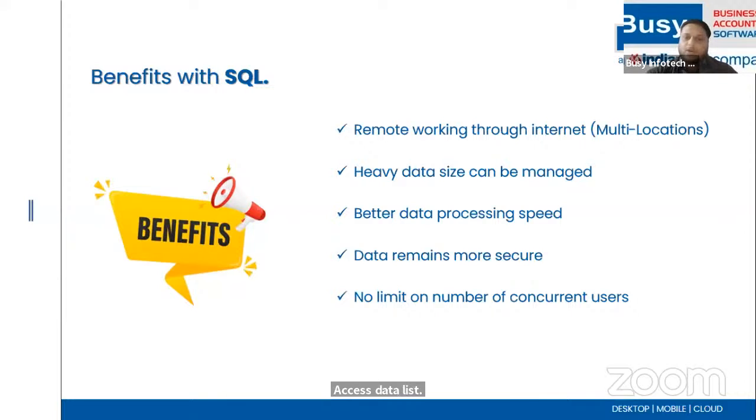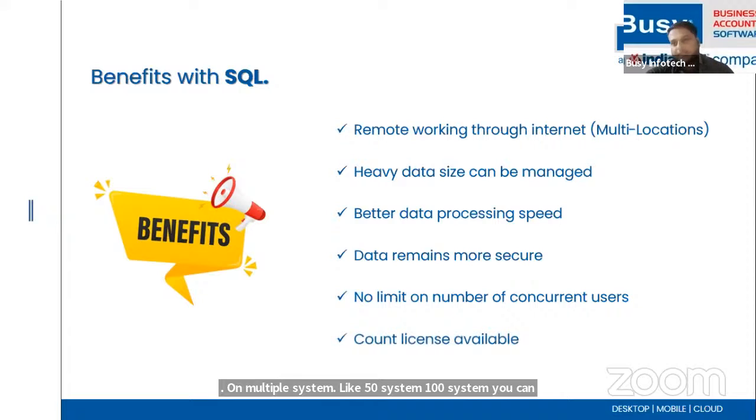Next, no limit on number of concurrent users. So in SQL database, there is no limit. If you want to use Busy on multiple systems, like 50 systems, 100 systems, you can use it easily, no limits, and count license is available. So in case of SQL database, you have to buy the license. The license costing of Busy software depends on the number of systems.